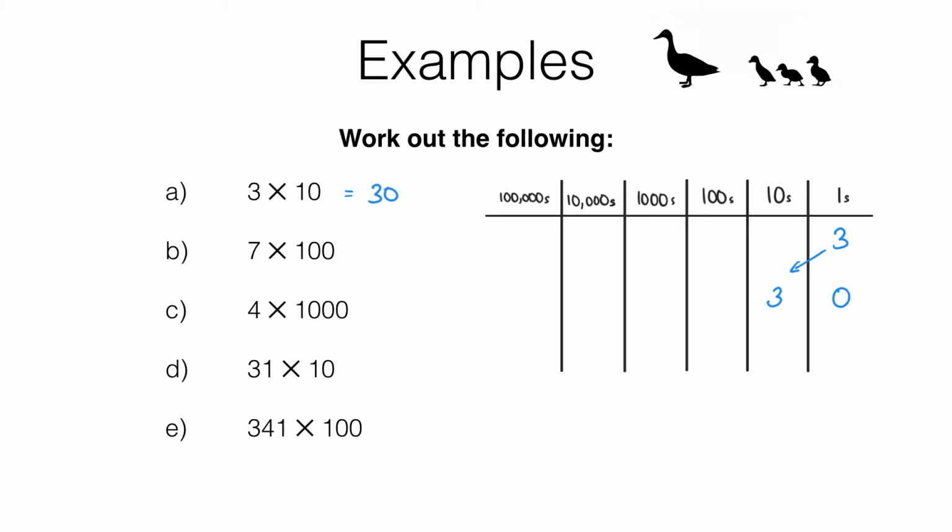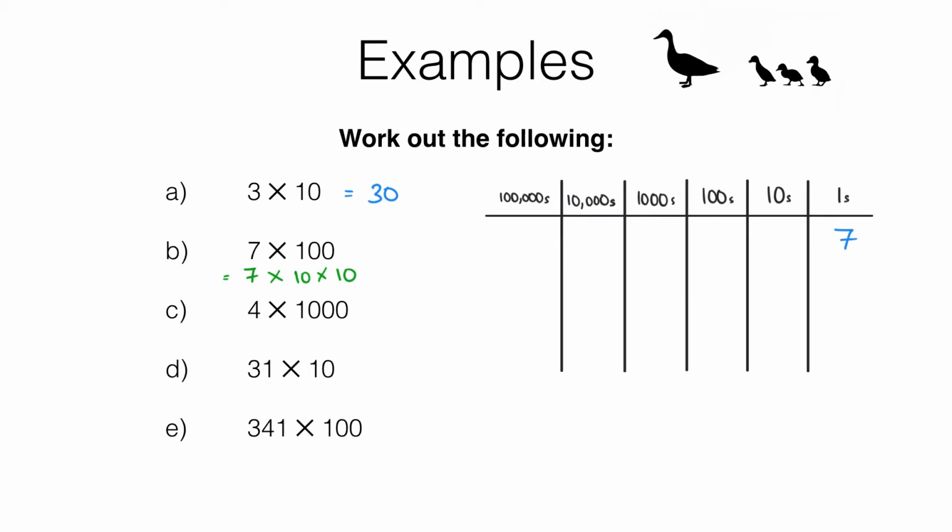Let's have a look at 7 multiplied by 100. The main idea here is that multiplying by 100 is the same as multiplying by 10 and multiplying by 10 again, like this. So 7 is 7 units or 7 ones.